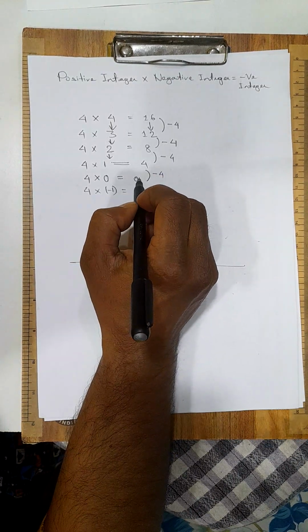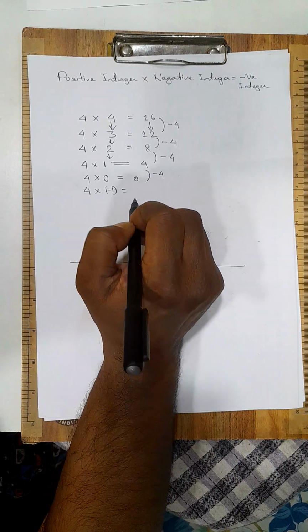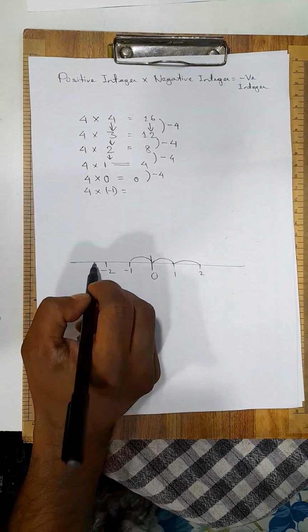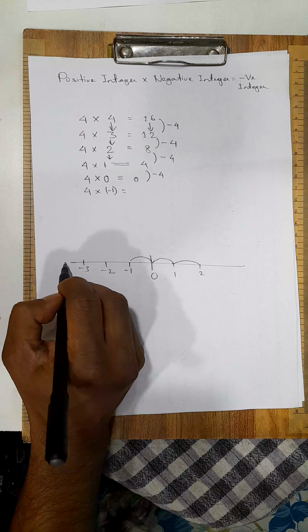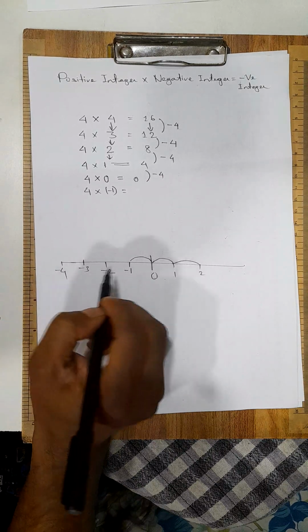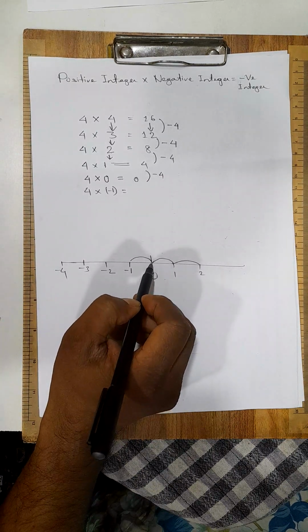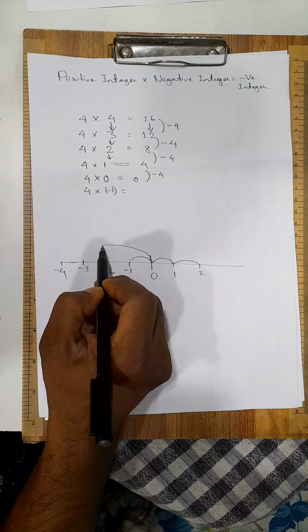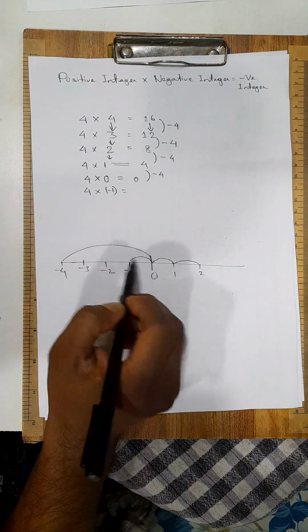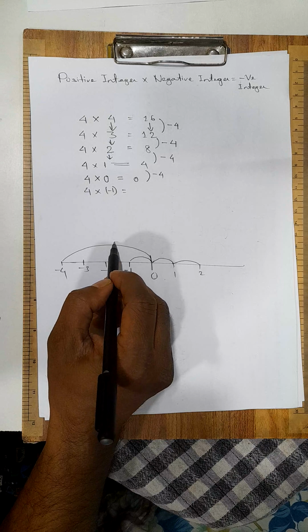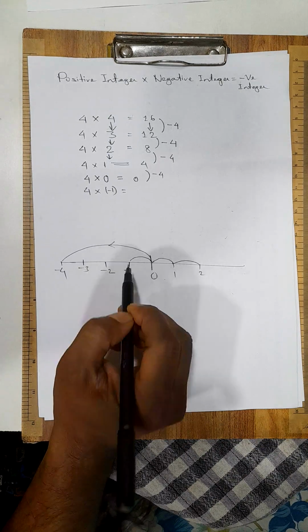So 4 minus 4 equal to 0, 0 minus 4, what is 0 minus 4? 0 minus 4 means from 0 to minus 4. Since it is decreasing, we are considering the left side.